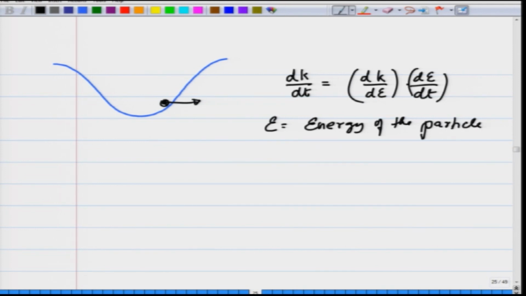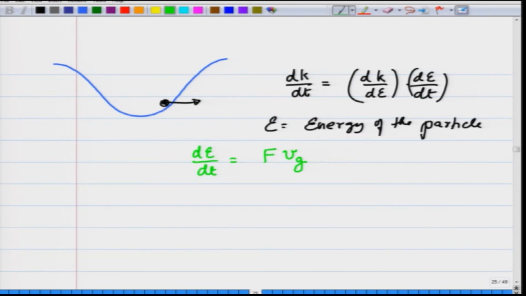How does the energy of a particle change? The energy of the particle dE dt is going to change by the force applied times the velocity of the particle, which we said is V group. So, this is going to change as F times V group.